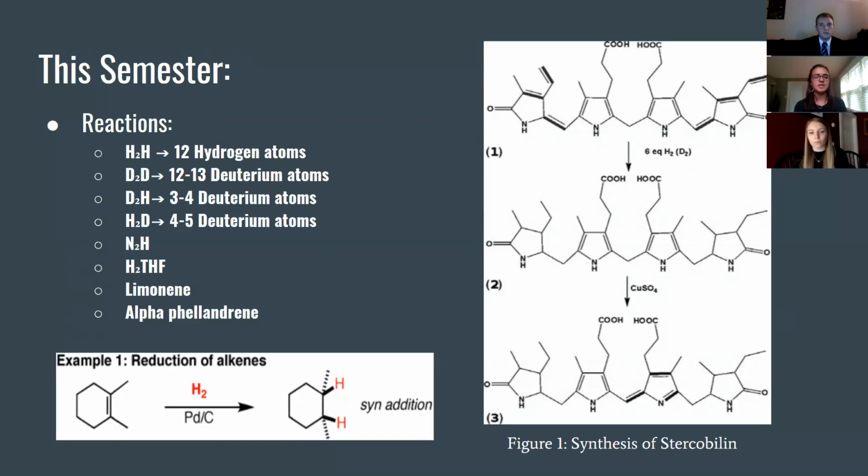We also did an H2THF reaction, where we use hydrogen gas and THF because THF doesn't have any acidic hydrogens that would react. And then this semester specifically, we used limonene and alpha-phellandrene to see what would happen if we took smaller molecules that looked like bilirubin, to see if we can hydrogenate the double bonds within those molecules.